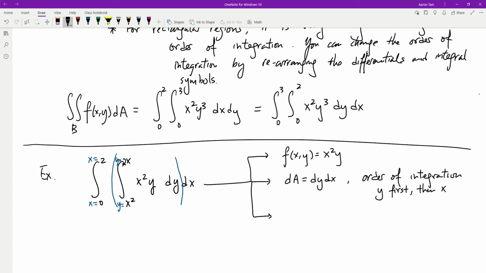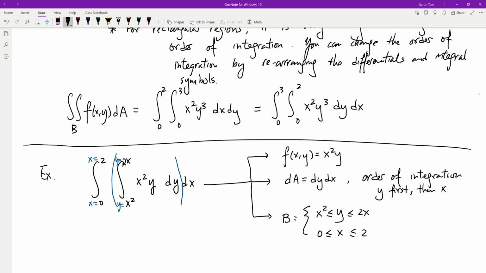So the region of integration B must be defined by these two inequalities: y between x squared and 2x, while x is between 0 and 2. Notice that because y is between x squared and 2x, and neither of those is constant, y is actually between two curves.